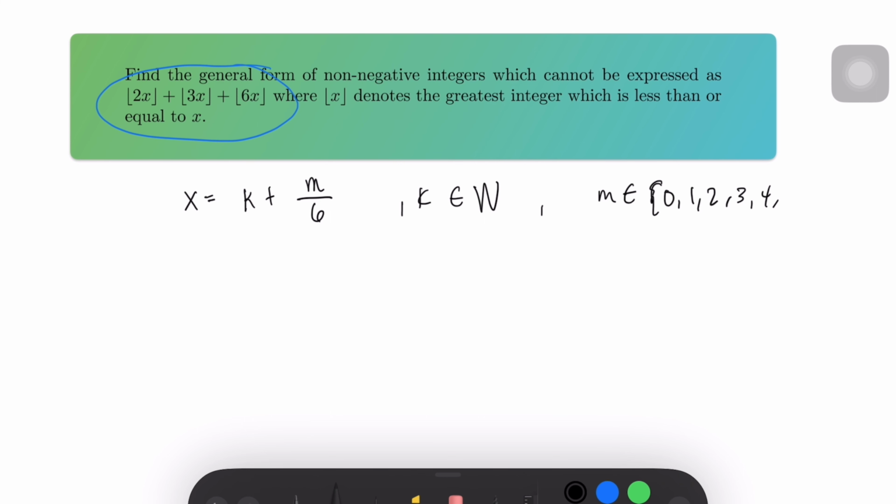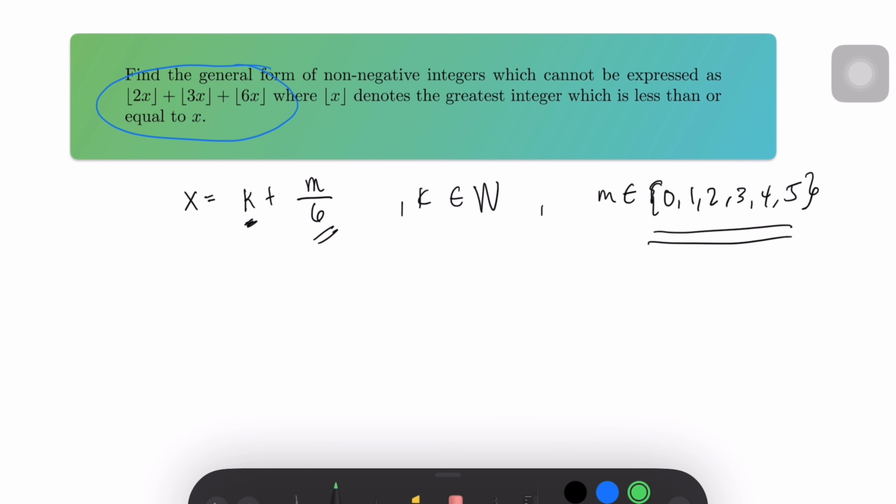Actually, we don't need 6 because if it's 6, this will just be 1, and we can put it as part of k as another integer. So this is our m.